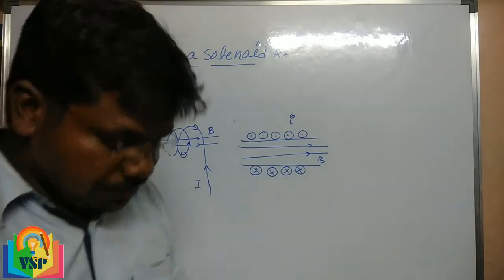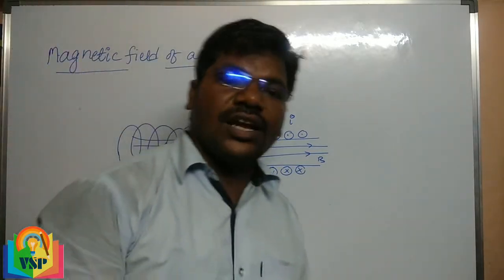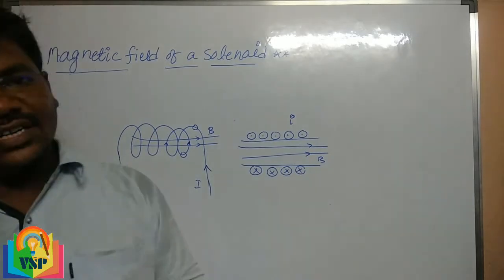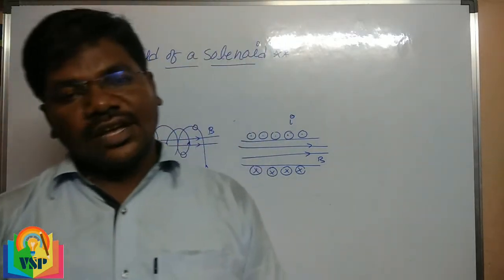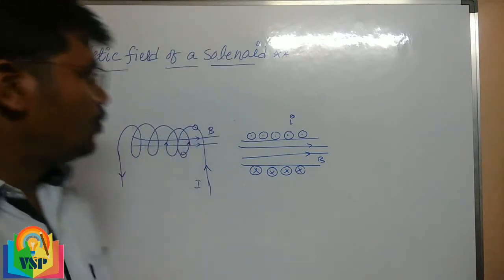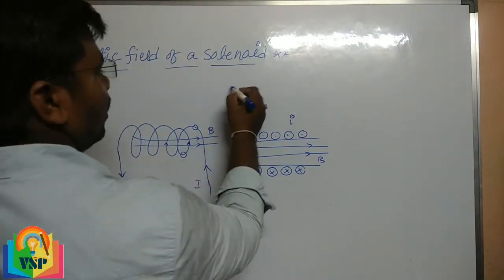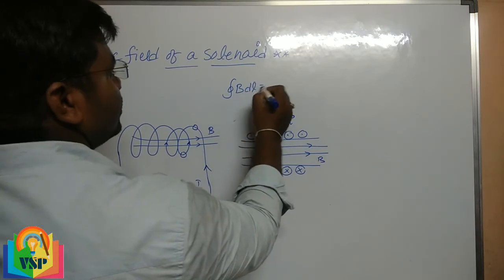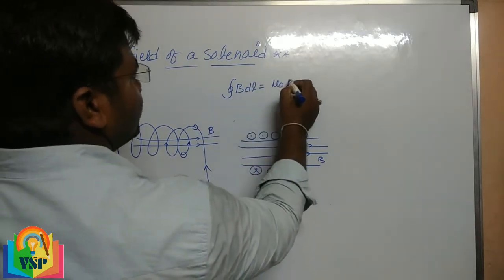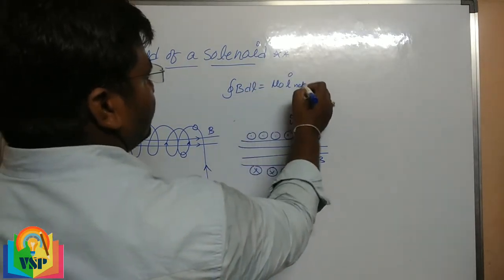So how can we derive the magnitude of magnetic field of a solenoid by using Ampere circuital law? We know the Ampere circuital law: the line integral of B dl is equal to mu naught times the net current.